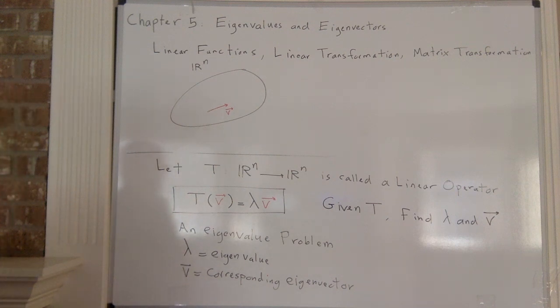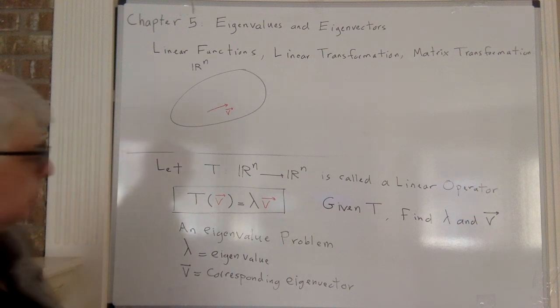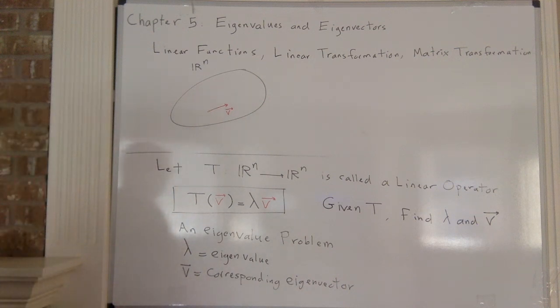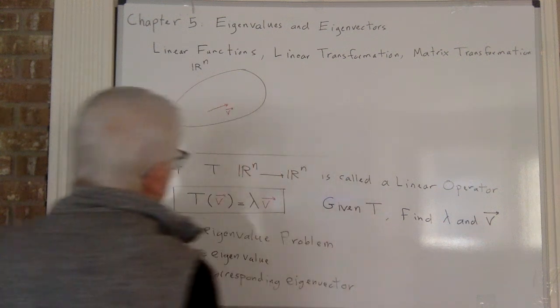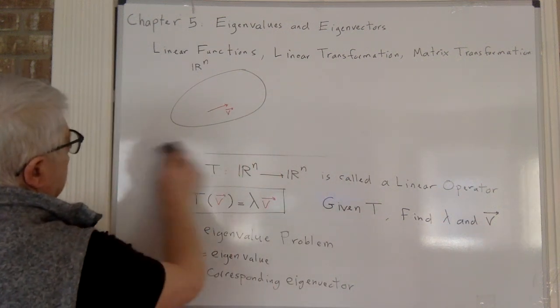Before I continue, I'll give you some examples. You might have seen this in your exams, or in problems that you solved, without me telling you it was an eigenvalue problem. So let's start with some easy examples.